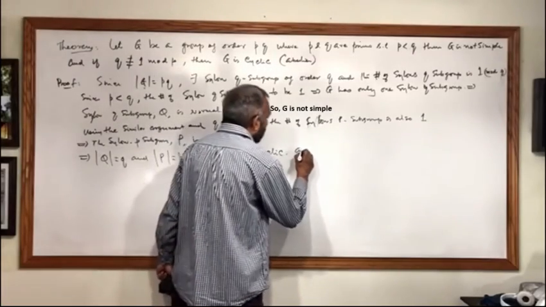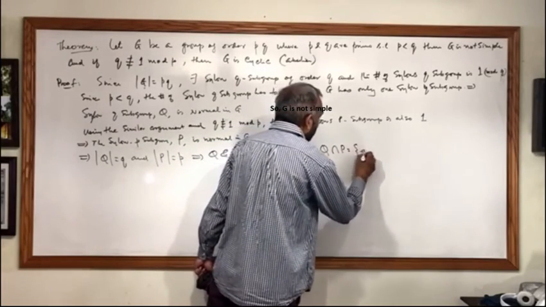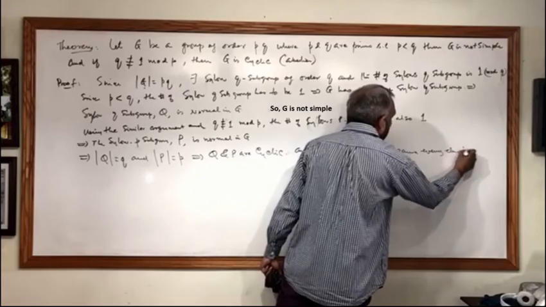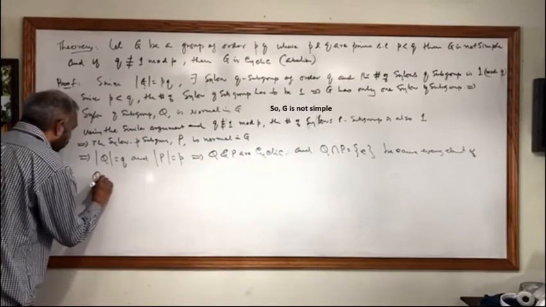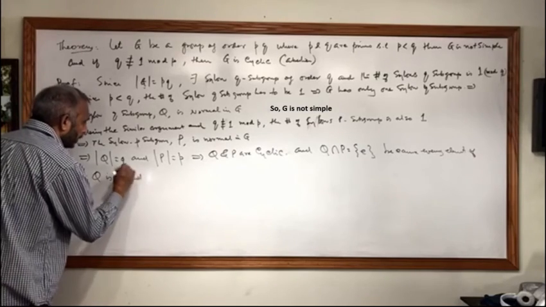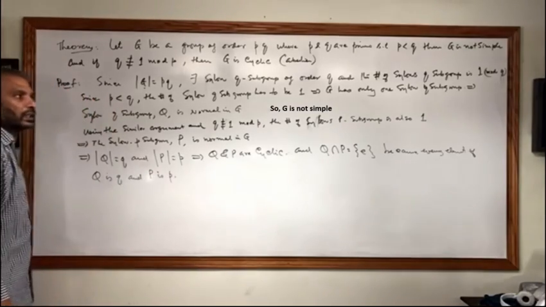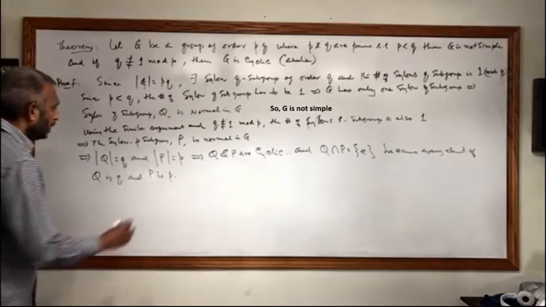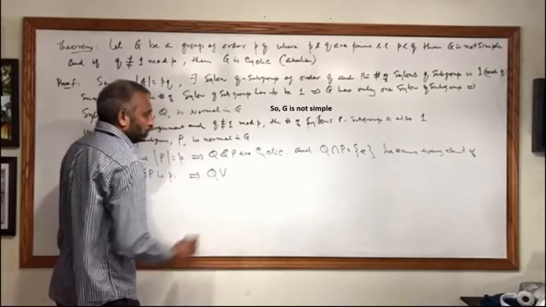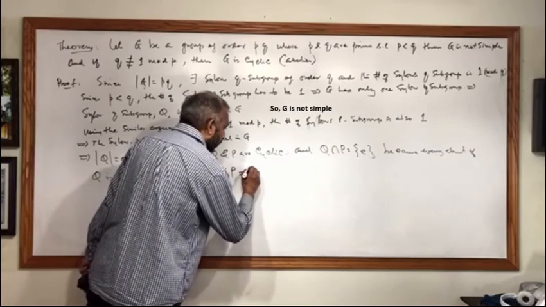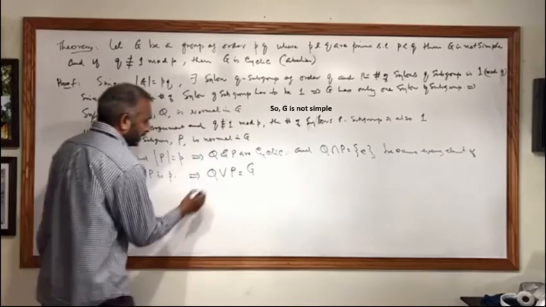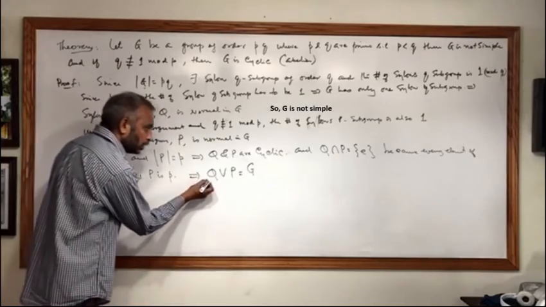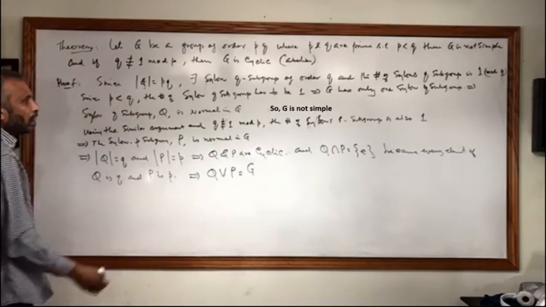And Q intersection P is equal to E, because there is no other element common to both Q and P. This implies Q join P is equal to G. This has PQ elements and both of them are subgroups of G, and that implies Q join P is equal to G. So this satisfies all the conditions in the lemma.